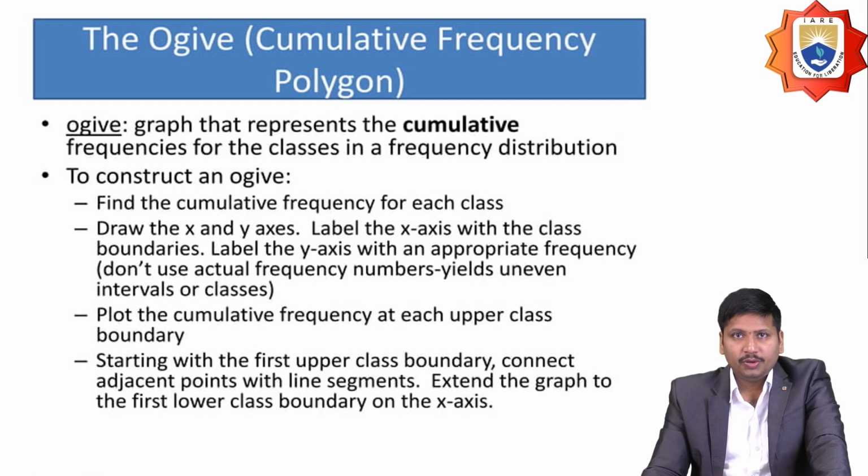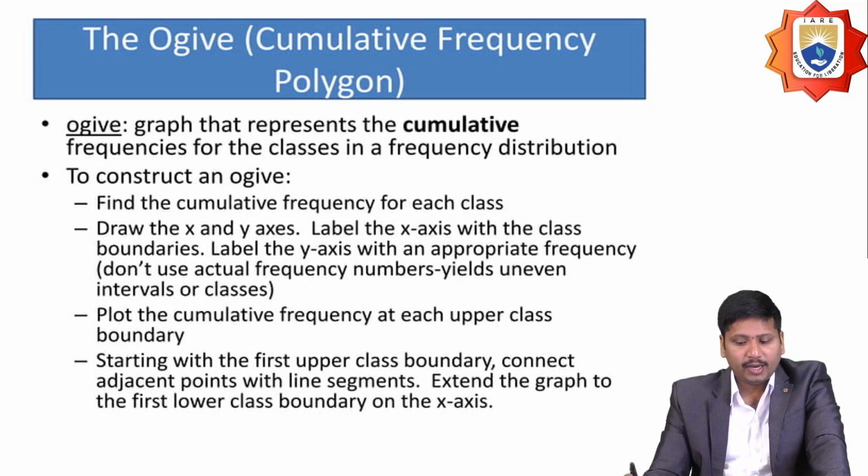And the next one is the ogive. The ogive is the cumulative frequency polygon. This graph represents the cumulative frequencies for the classes in the frequency distribution. To construct an ogive, find the cumulative frequency for each class first, and draw the x and y axes and label the x-axis with the class boundaries.